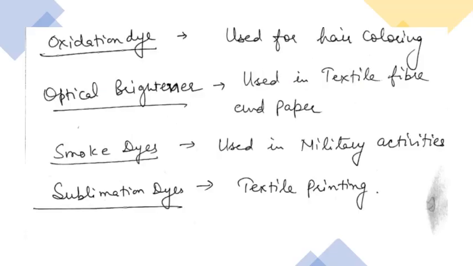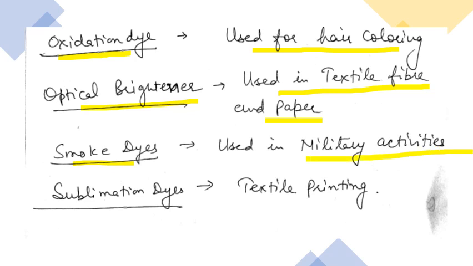The oxidation dye is one of the important dyes used for hair color. All hair colors have this kind of dye, so that it easily oxidizes with oxygen and provides the color. The optical brightener is used in textile fiber and paper. Another is the smoke dye, which is used for military activities.